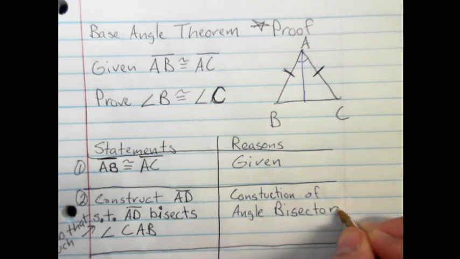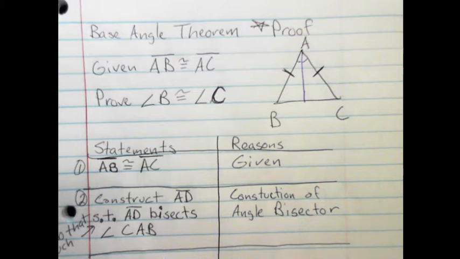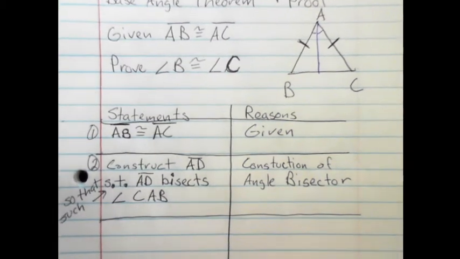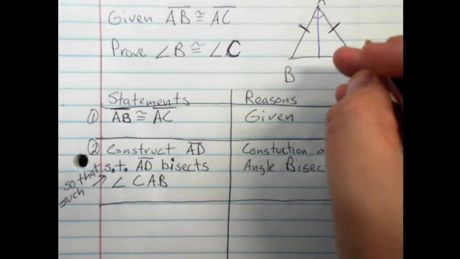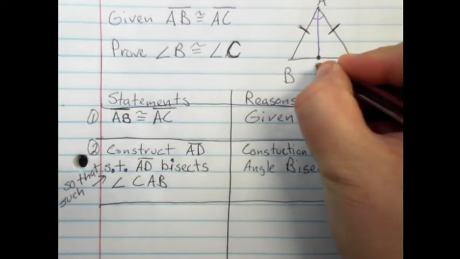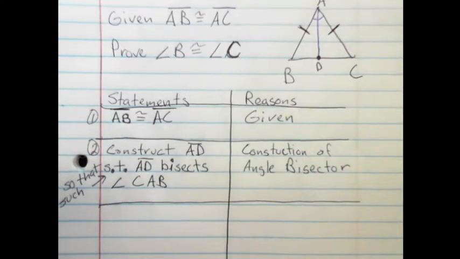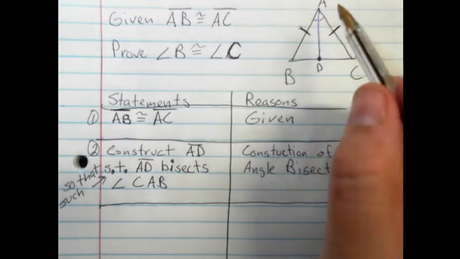Now I'm not doing the construction because we should already know how to do constructions. We're sketching this out, but when we construct this with a compass and a straight edge, we're creating this line AD such that it carves this big angle into two equal angles.